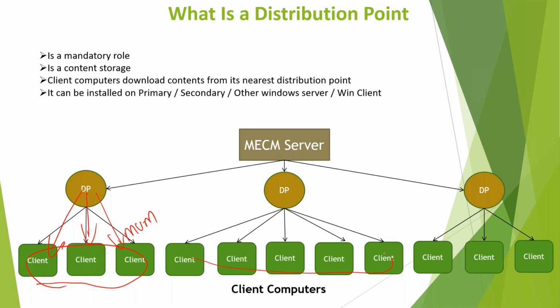Suppose these machines are in London, they will download from the London distribution point. Suppose these machines are in Mexico, they will download from the Mexico distribution point. So you will have n number of distribution points based on the region. Suppose you have 10 different regions, so you will have 10 different distribution points. The machines in those regions will download the content from their nearby distribution point.